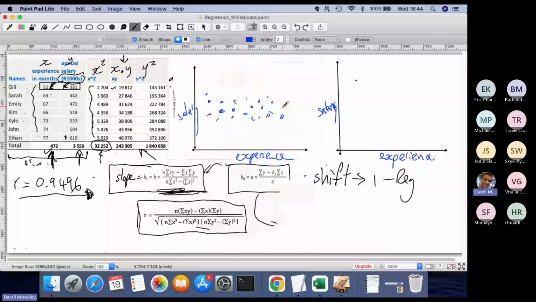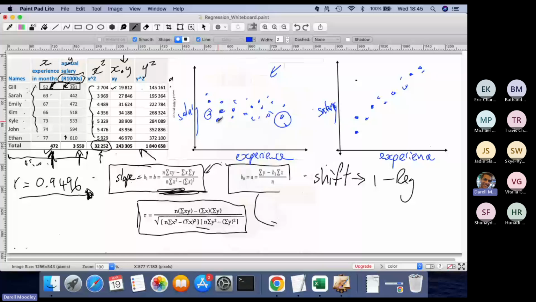Now on the right plot, for a different data set, let's say we were looking at a different company, we found that when you plot the points, it's like this. Can you see for this plot on the left, this person has the most experience because he's on the far right.